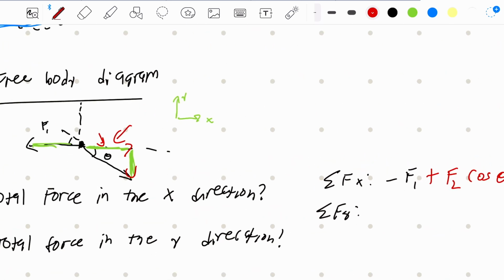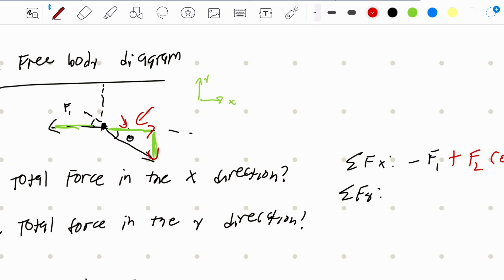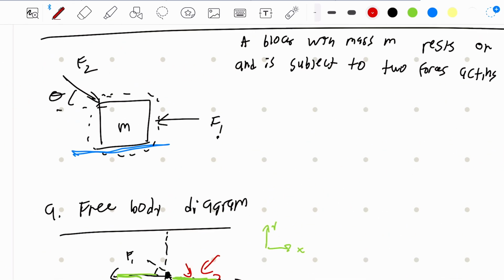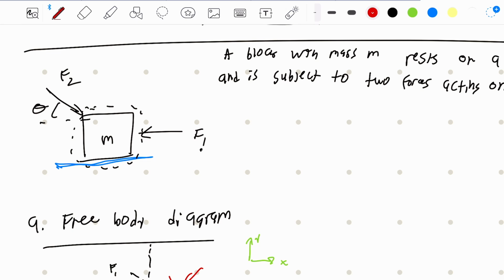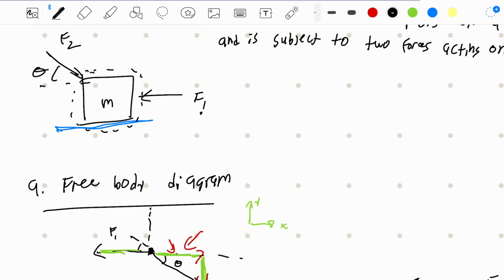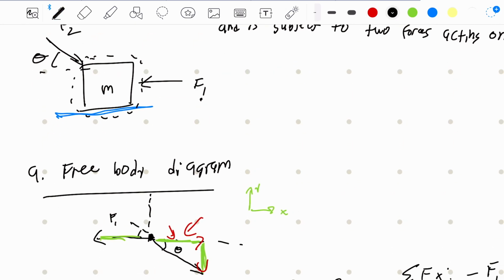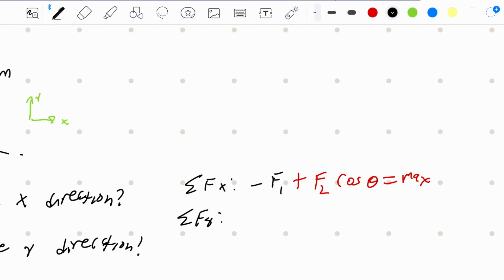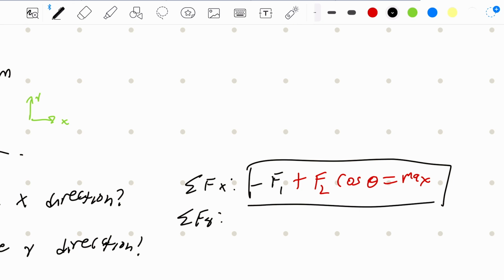And sums of forces in the y direction, which is what I asked for next, is going to be just the only, well, actually, we do have to add a few extra things to this free body diagram, which are needed. So if there is an object that's touching, so for the x direction, this is good.